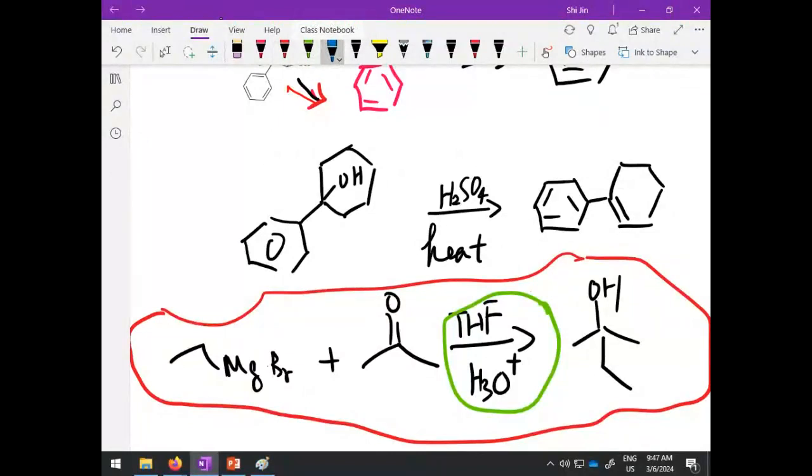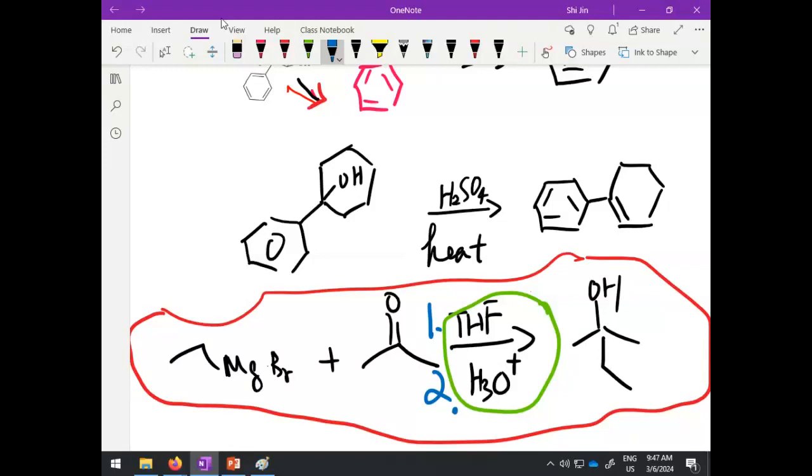Yeah, diethyl ether or THF, that doesn't matter. That only has minor differences. Diethyl ether has a lower boiling point. THF has a higher boiling point, and generally THF is better unless you specifically want your reaction to happen at a lower temperature, so that you can use the boiling of diethyl ether as a temperature control method.